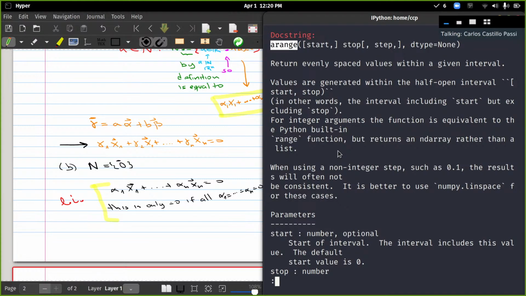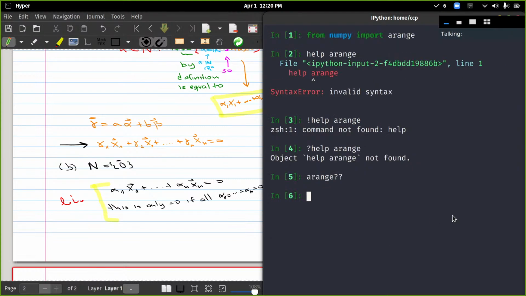So arange has a start, a stop, and a step. By the way, arange means array range. With range, the function that we have already seen has a start, a stop, etc. The only difference is that this arange function generates an array directly. Okay, so from 0 to 1, let's say 3 points. Let me see what it does.